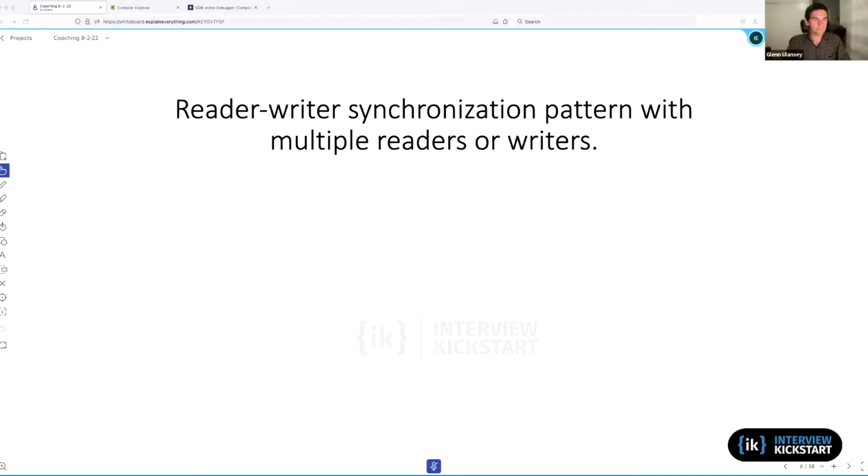So, what's the difference between a producer consumer pattern versus a reader writer pattern? And then, how would I do it if there are multiple readers or multiple writers? I think that's what I was trying to understand based on the material so far, and I needed some clarification.